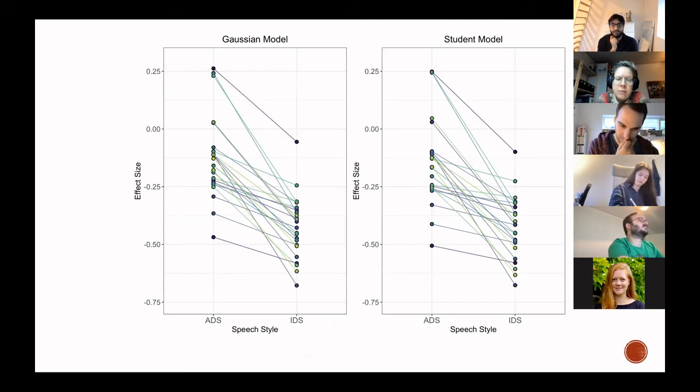However, you can see on the left the individual estimates according to the model we ran with the Gaussian distribution. On the right, the individual estimates according to the model that is using the student distribution. The positive effects are still disappearing. The plots are very similar.